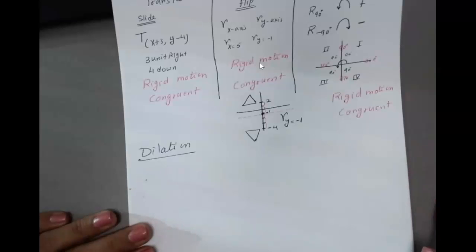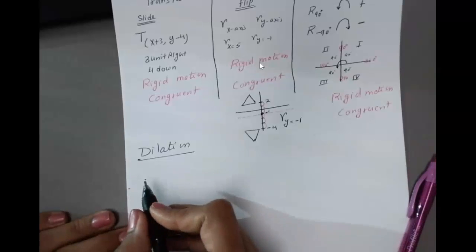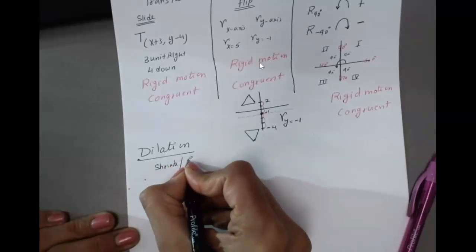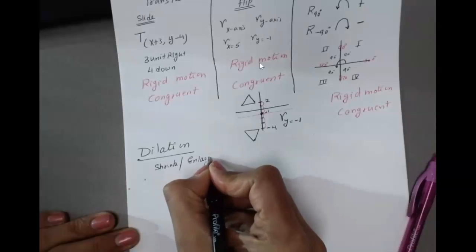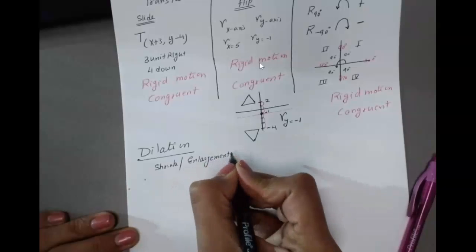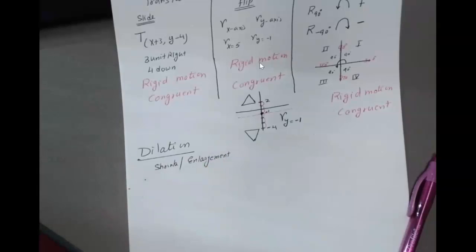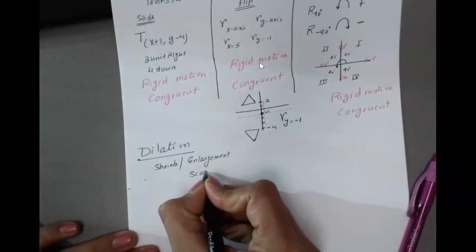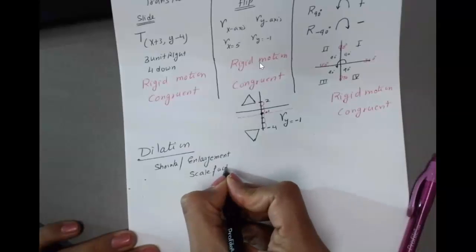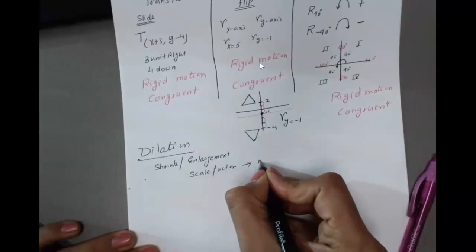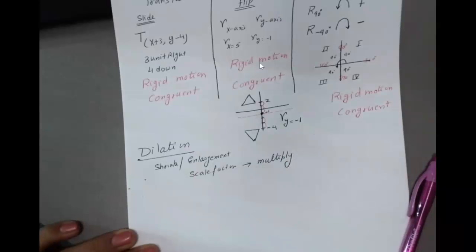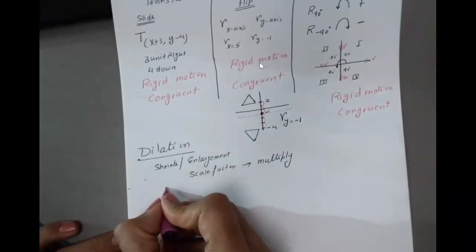Now the last one is dilation. Dilation means shrink or enlargement, like you get a big or small picture. And we do have scale factors. What we do with the scale factor, we always multiply. And this is how we write the dilation.